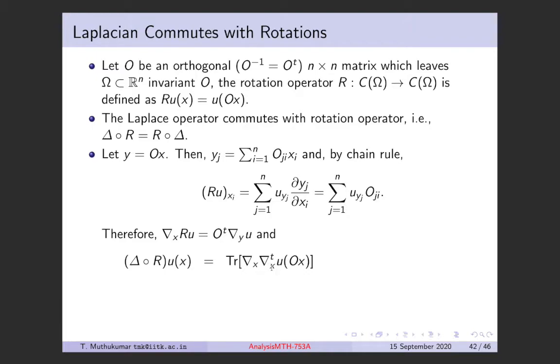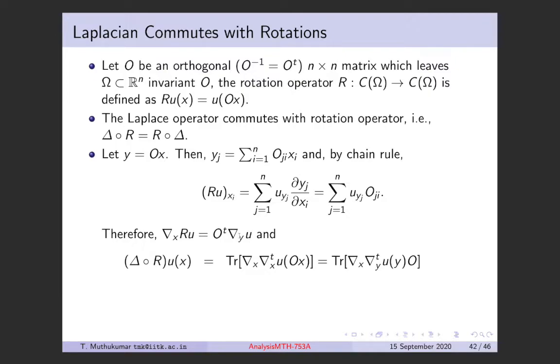So basically grad x of Ru. Ru is u of Ox, but what you are doing is a transpose of that, so you apply the transpose here and use that information. What you get is the transpose of the quantity here, and the transpose of a product, (AB) transpose, is B transpose A transpose, right?